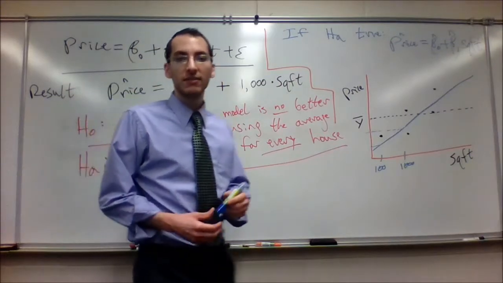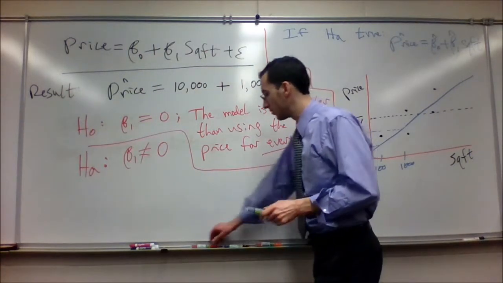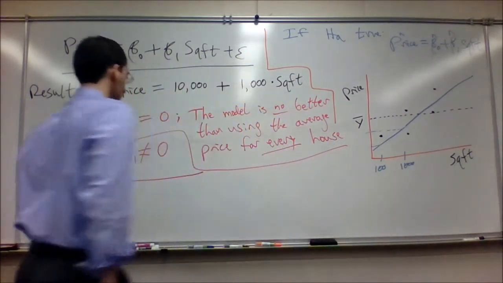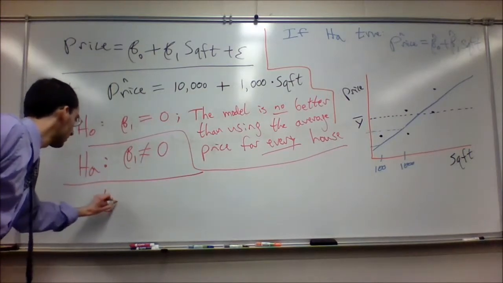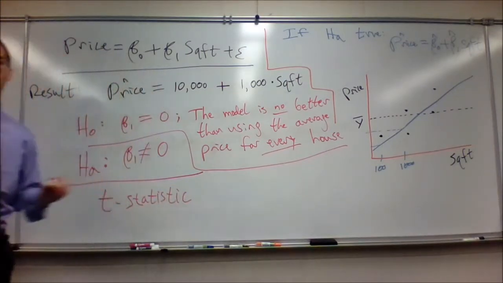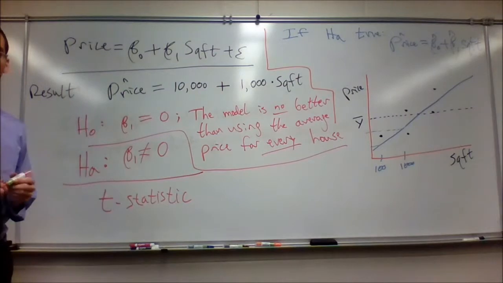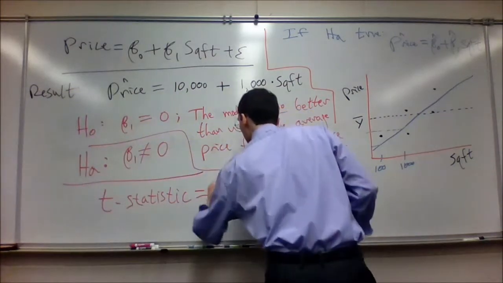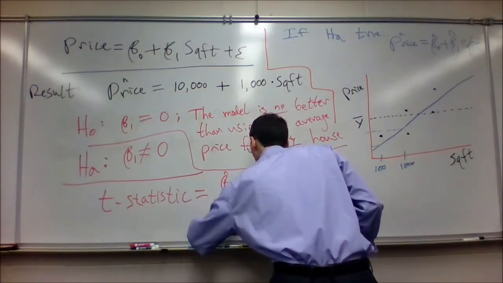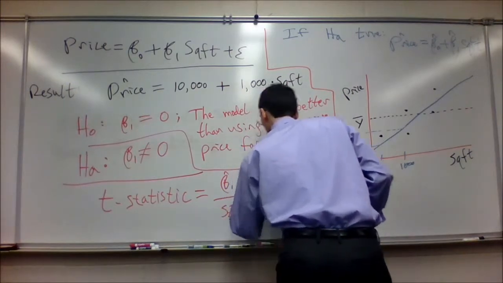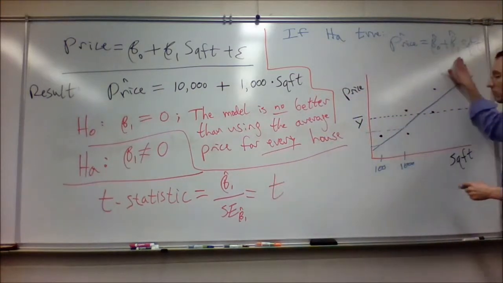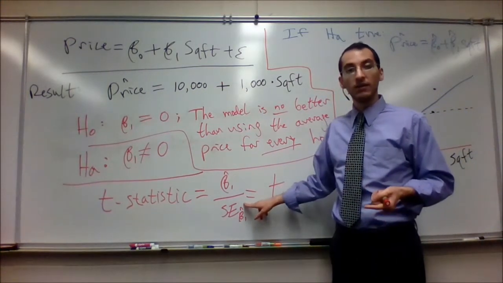And how we decide that is with what you've hopefully seen before. And that's a t-statistic. And that's given to you in your regression output. And it's defined as the value for the slope coefficient divided by its standard error.